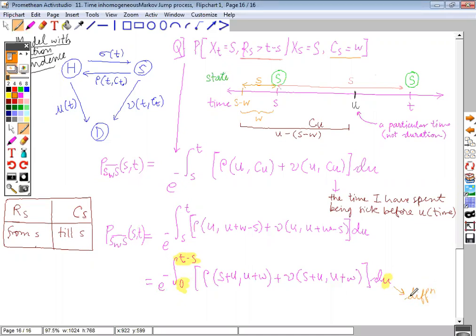We know the minimum difference is 0 and the maximum is T minus S. And the U that we have here, which is from S to T, represents the actual time. So you can choose to use any equation that you feel more comfortable with. These are two different ways you can rewrite the same probability. I hope that is clear.